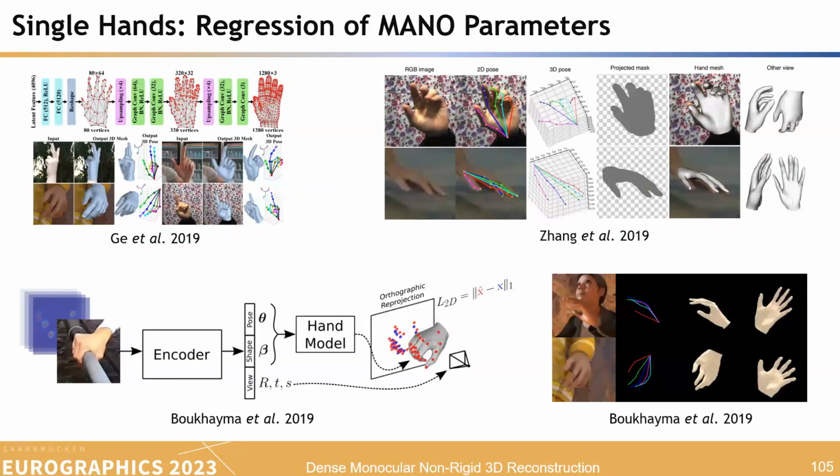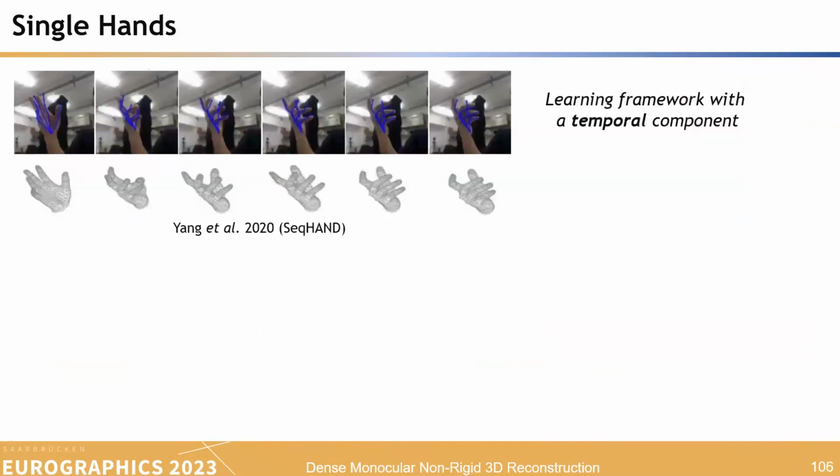So in terms of single hands, most of the works in the past few years usually regress the shape and the pose parameters of the MANO hand model, and methods vary by the kind of supervision, and by the architecture, etc., but with the goal of regressing the parameters.